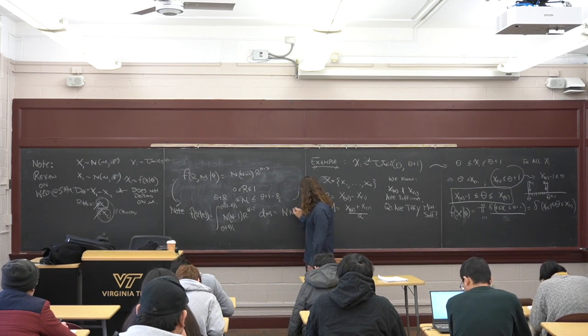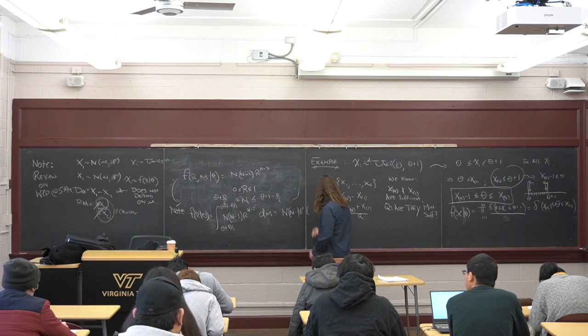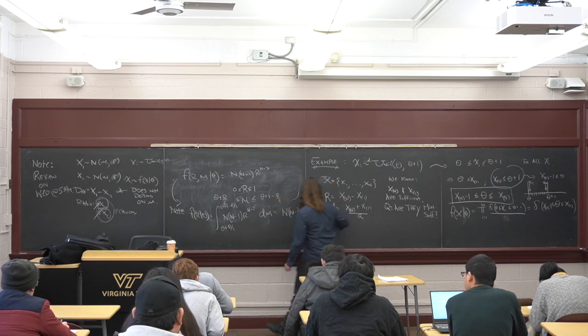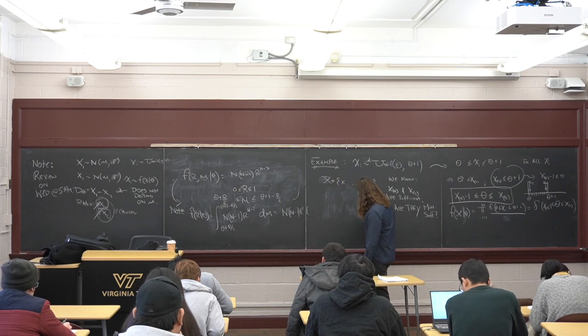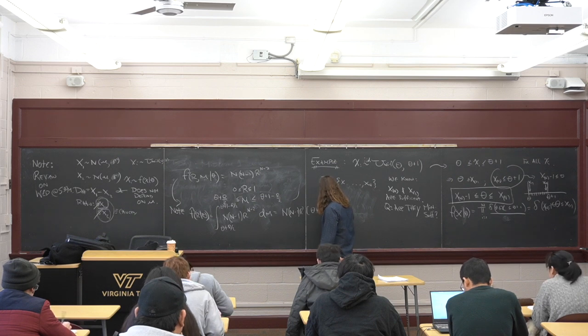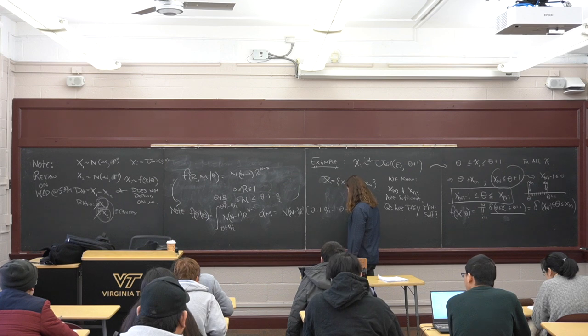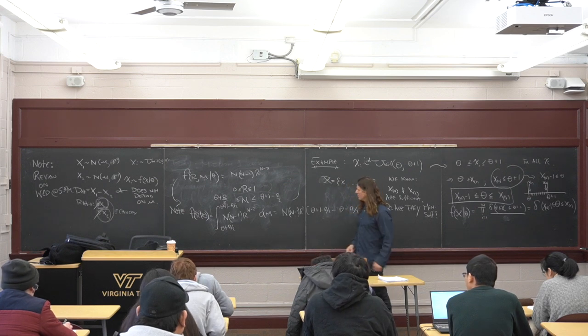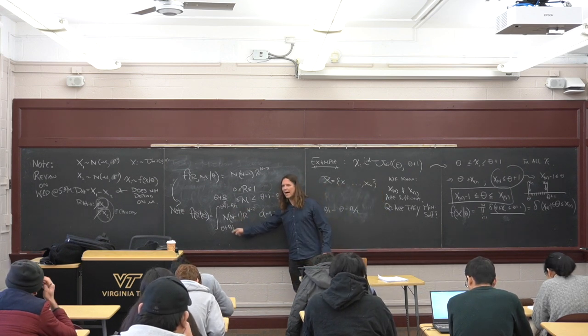N times n minus 1 times r to the n minus 2 times theta plus 1 minus r over 2 minus theta minus r over 2. This minus that.